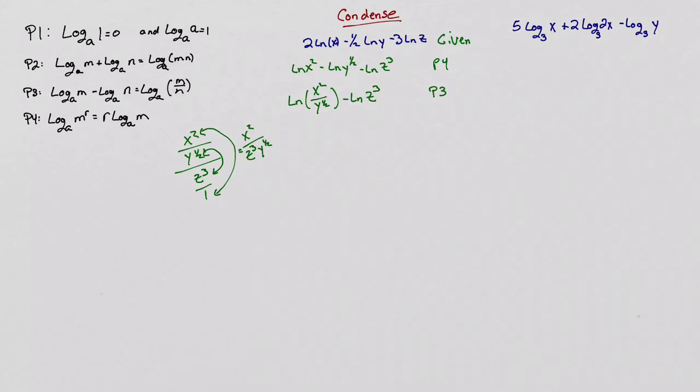Of course, the 1/2 power is nothing more than a square root, so we'd have x squared over z cubed times the square root of y. So let's write that into our logarithm. So we're going to have ln of x squared divided by z cubed times the square root of y.